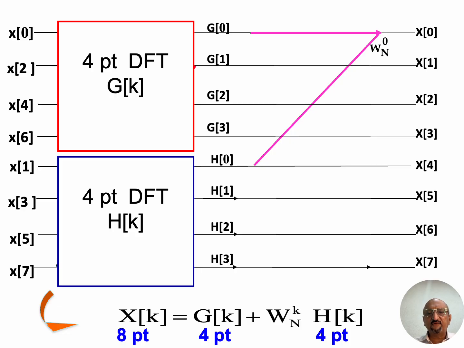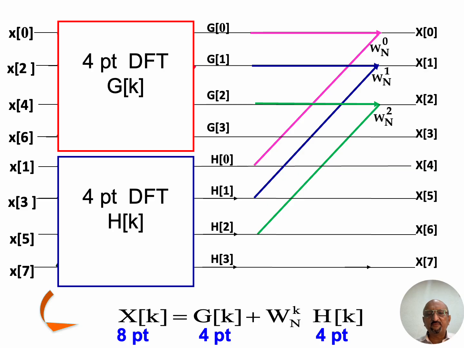Similarly, to find X of 1, when k is 1, we get X of 1, that is G of 1 plus W_N raised to 1 H of 1. Graphically, bring G of 1 here, bring H of 1, scale it by W_N raised to 1 and then add it with G of 1, resultant value X of 1. So G of 2 plus H of 2 into W_N raised to 2, G of 3 plus H of 3 into W_N raised to 3, by addition we will get the required values of X of k.